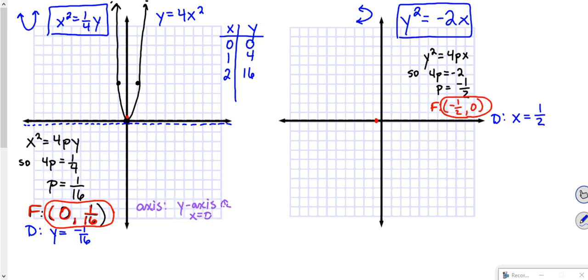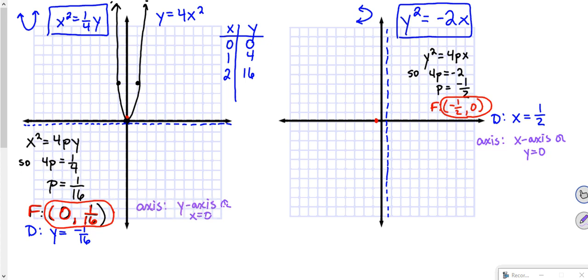So that means that this right here, I can't seem to draw a straight line, but you get the idea, is my directrix. Okay, my axis of symmetry is obviously going to be my x-axis, or y equals 0, whatever you want to say.